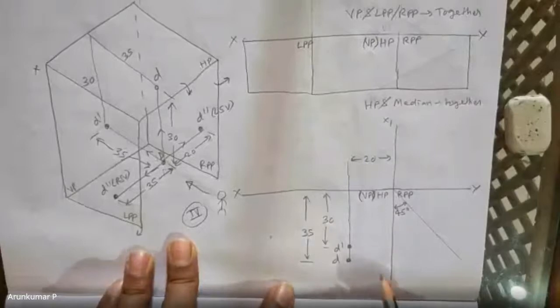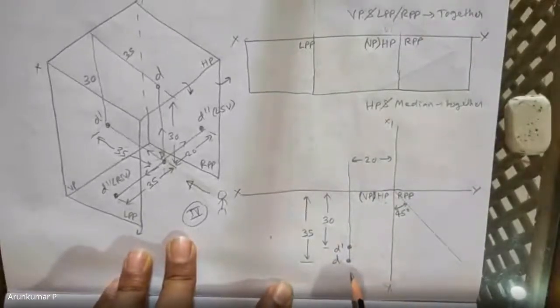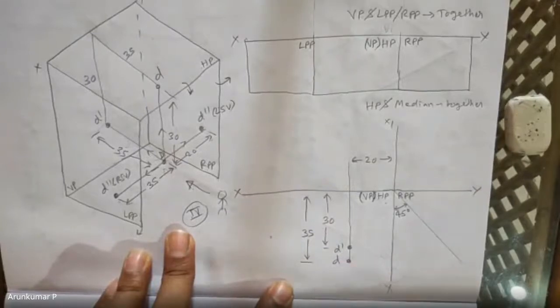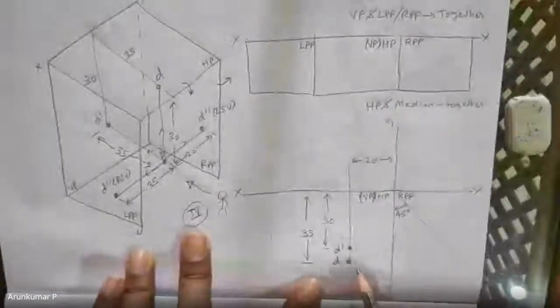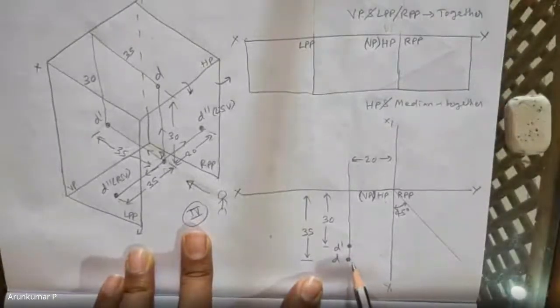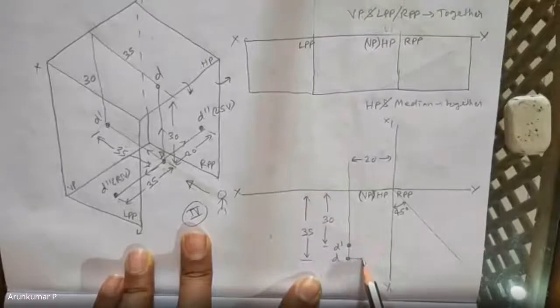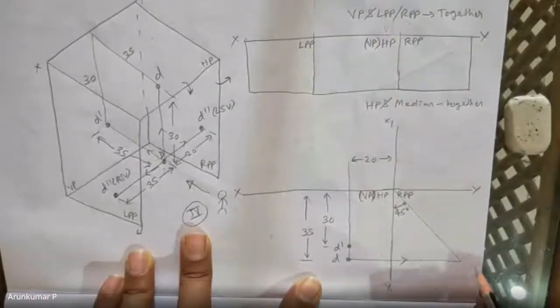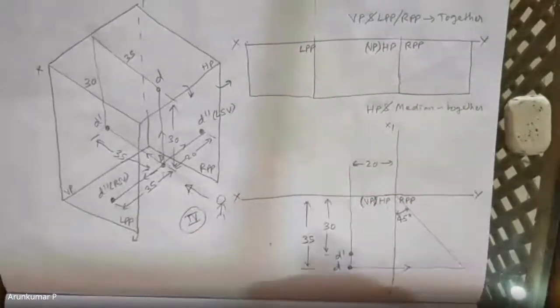Now, apply the same rule. What are you going to project first, the front view or top view onto the median line? Top view. Exactly. So project the top view onto the median line. Draw a horizontal line. It will intersect the median line somewhere here. Now here you have to decide whether you should go up or down.